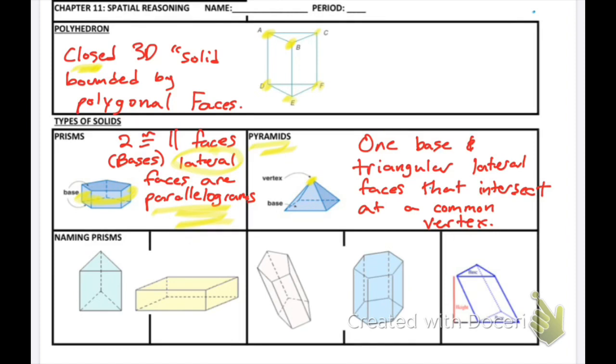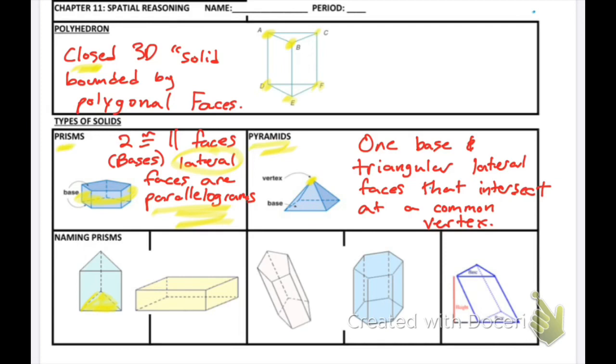Now the other thing you'll have to do on the quiz and the homework, you'll have to actually name our different prisms. So I'll give you a shape. You have to give me the specific name. So how do we name these? Well, let's look at our first example here. To name that prism, all I'm going to say is, what's the shape of my base here? My base is a triangle.